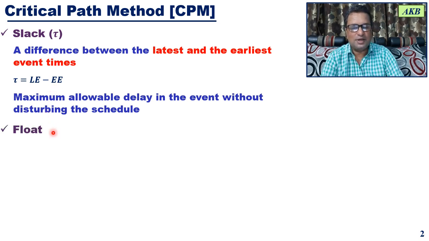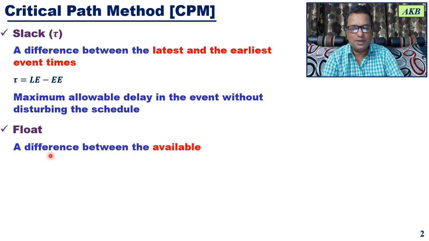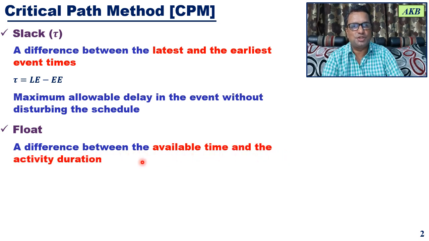Then the other term that we will be understanding today is float. Float is nothing but the difference between the available time and the activity duration. The difference between the time available for completing an activity and the actual activity duration.